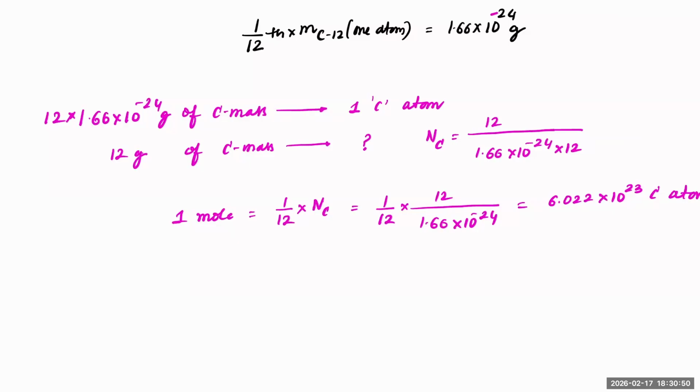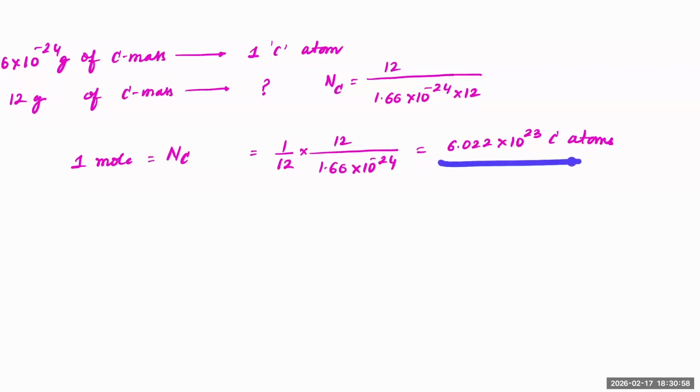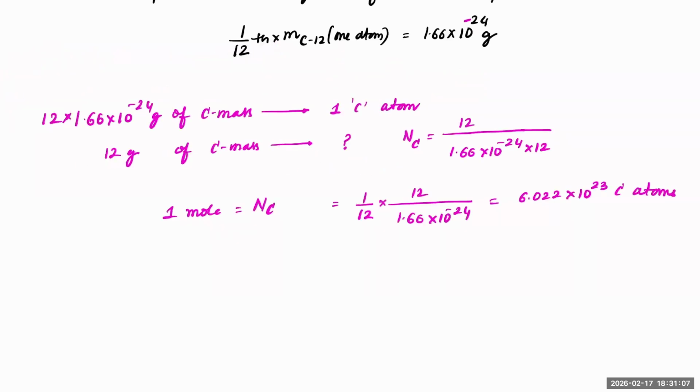So number of moles is how many number of carbon atoms are present in this 1/12, which is equal to 6.022 into 10 raised to power of 23 carbons. So we define mole as the number of carbon atoms present in 1/12 mass of carbon 12 isotope.